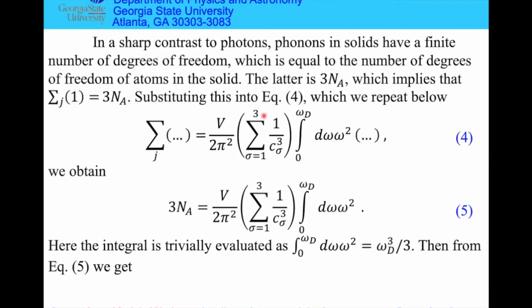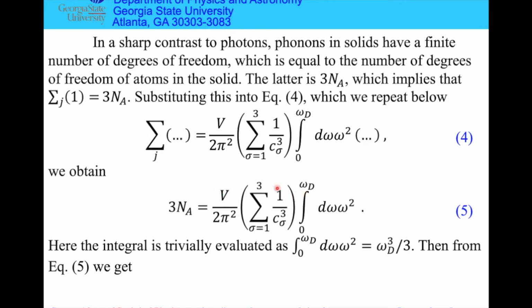Now let us go. This is the summation rule. I repeat it here, and put 1 here and put 1 here. So this will sum to 3Na. This is this rule. And here we get a trivial integral, which I can do immediately: omega cubed D over 3. So I put omega cubed D over 3 here.